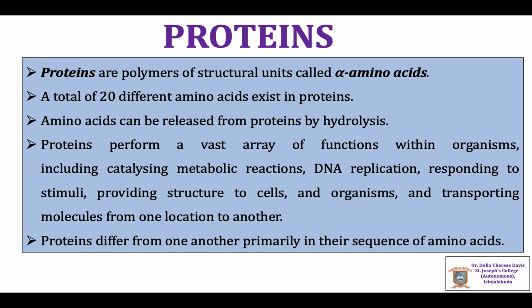A total of 20 different amino acids exist in proteins and they are arranged in different sequential orders. Proteins differ from each other primarily in their sequence of amino acids. Amino acids are released from proteins by hydrolysis.